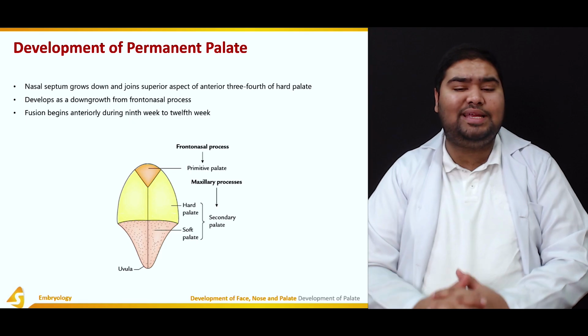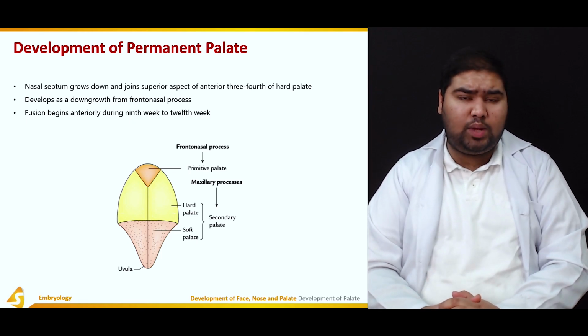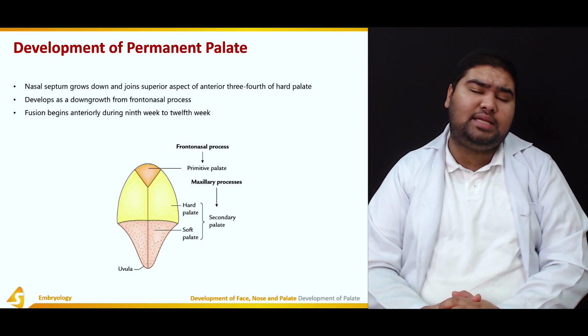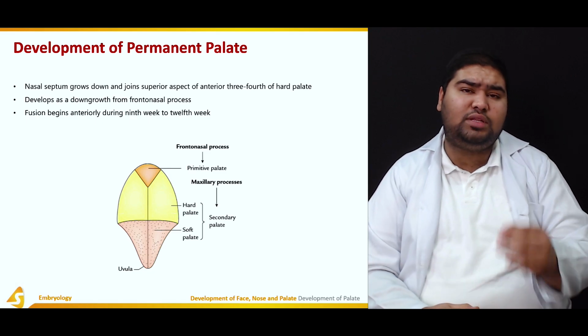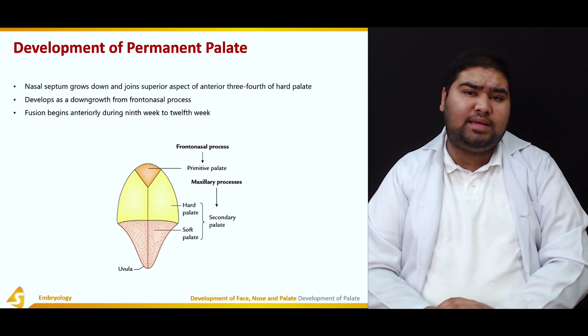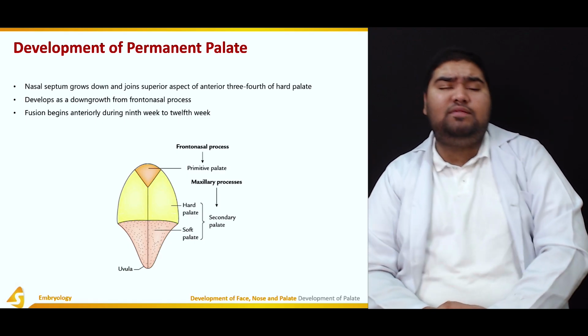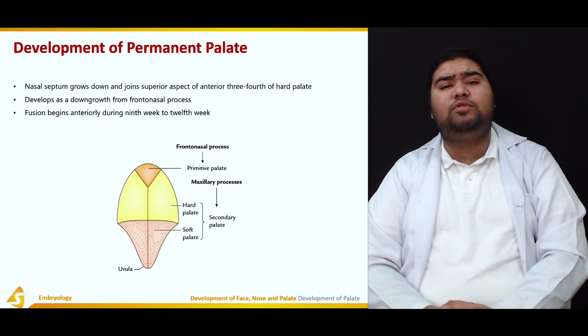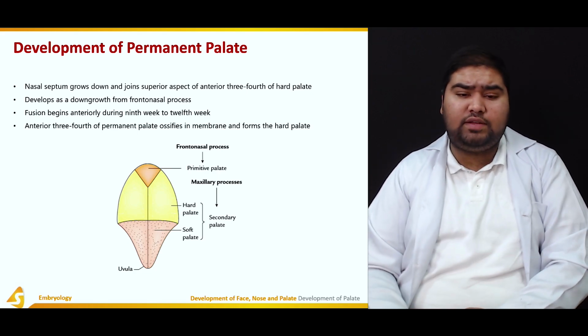This fusion begins anteriorly during the 9th week and it proceeds till the 12th week. So the fusion that started anteriorly, of the nasal septum with the palatine shelves, began in the 9th week and proceeded till the 12th week of development.